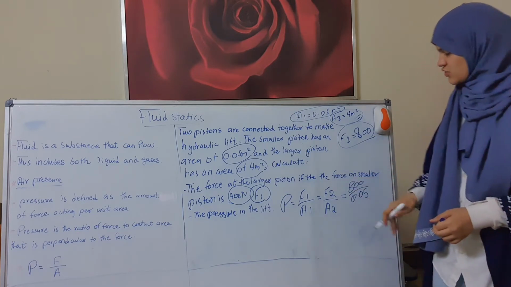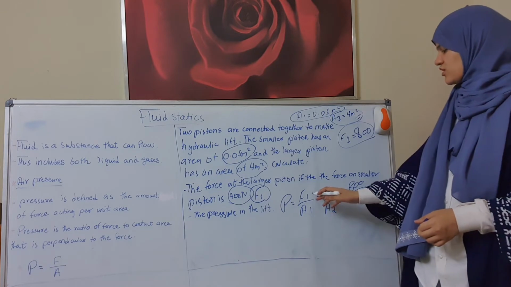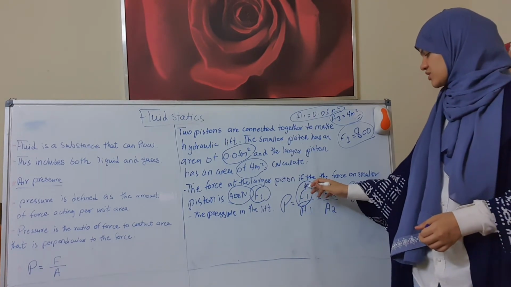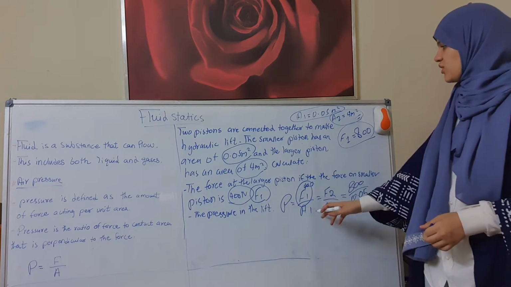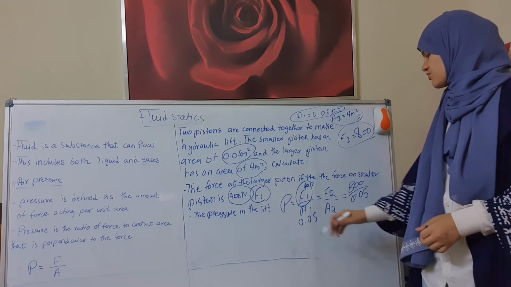You can see here also F1 over A1 is equal to F2 over A2, right? F1 we have 400, A1 we have 0.05.